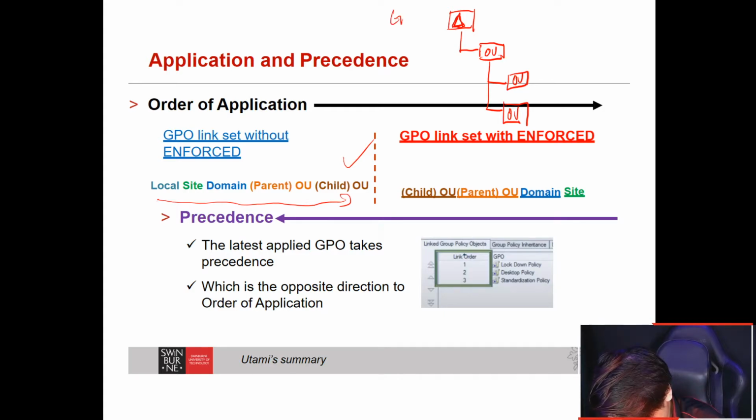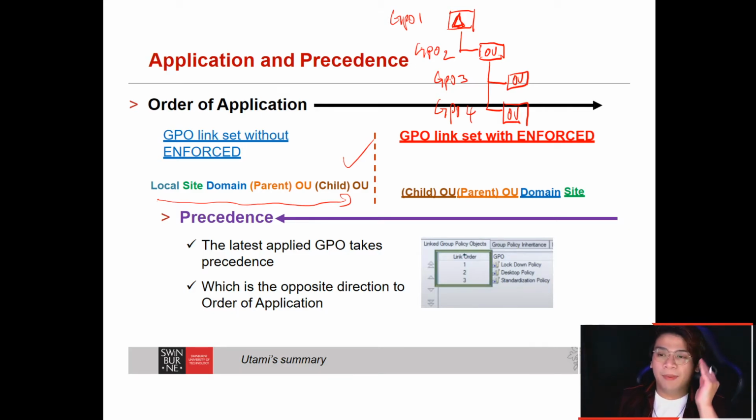And then you have GPO1, GPO2, GPO3, and GPO4. By default, GPO1 says cannot change wallpaper, but GPO2 says can change wallpaper, then over here can change wallpaper. That's the default order of application without the enforce option ticked.